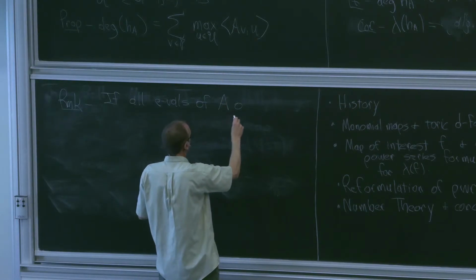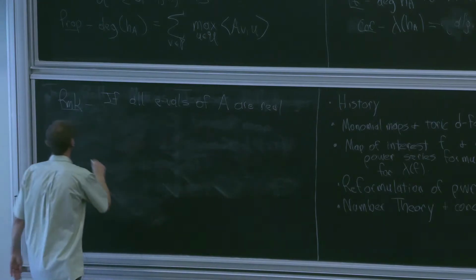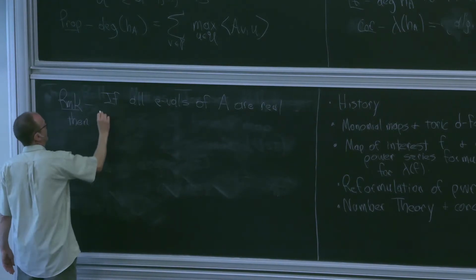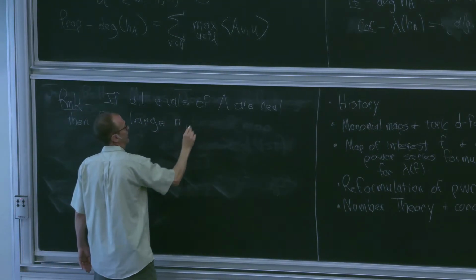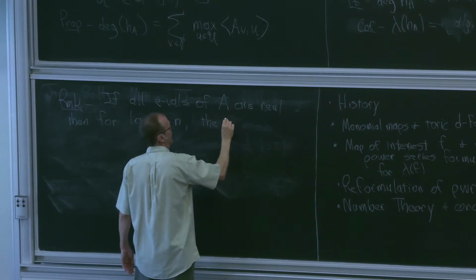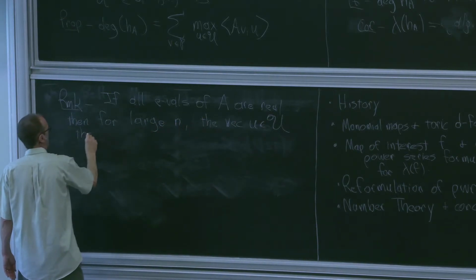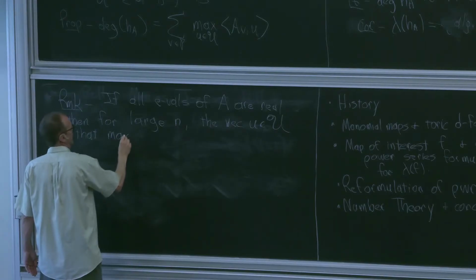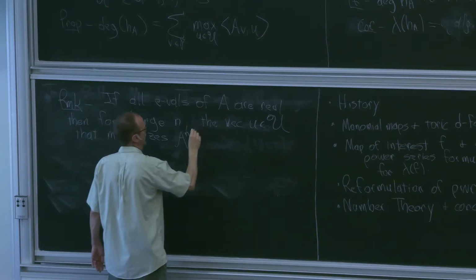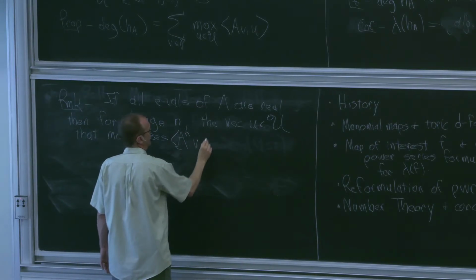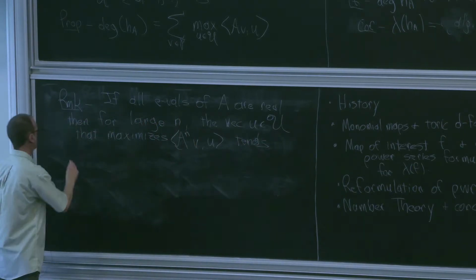But before I do that, if all the eigenvalues of A are real, then for large n, the vector in U that maximizes A to the n VU tends to stabilize.